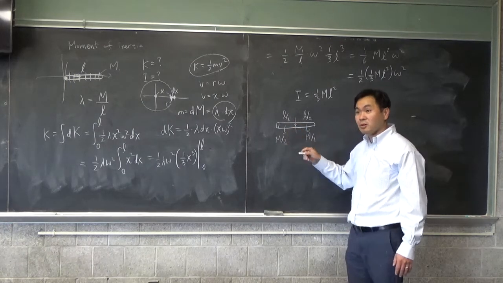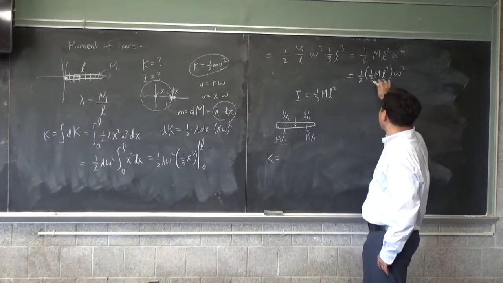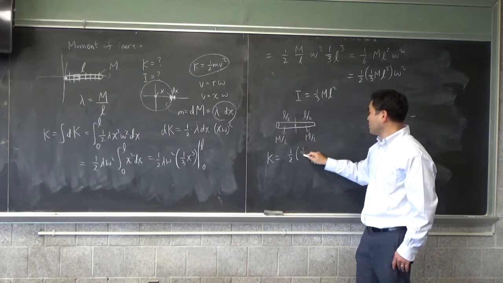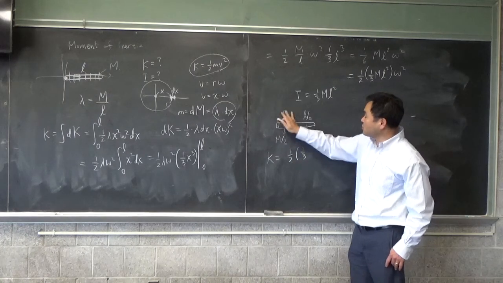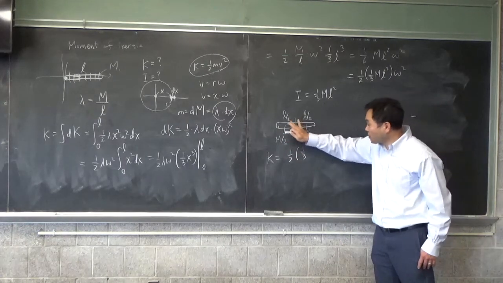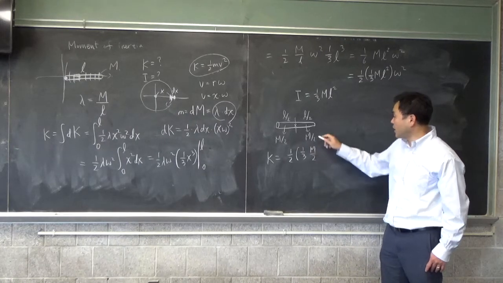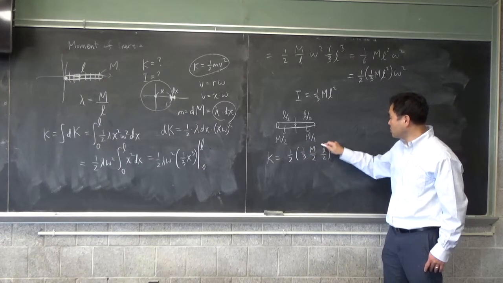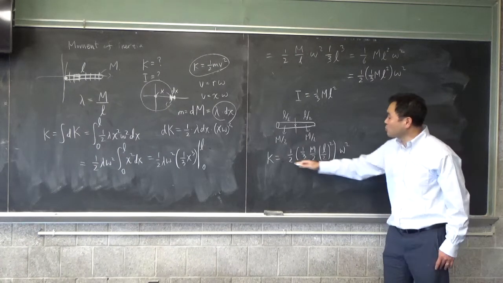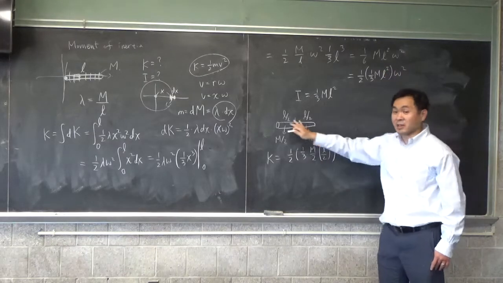So think about the kinetic energy stored here. The formula for kinetic energy is this, except that you're only taking the kinetic energy of this part with smaller length and mass. So you replace m by m over 2, L by L over 2, and then omega squared.